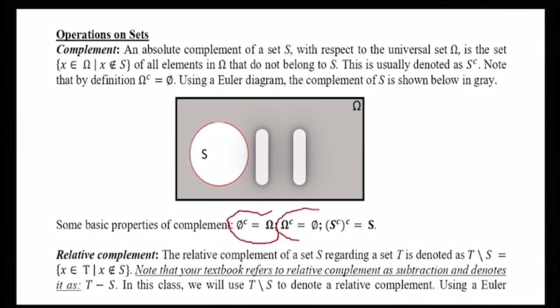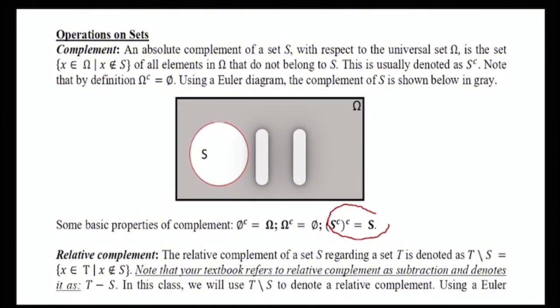The complement of the sample space is going to be empty, which means the sample space omega and the empty set are mutually exclusive. I also want to let you know that the complement of the complement will return me back to the original set. That is what that notation means. Does that make sense? Okay.